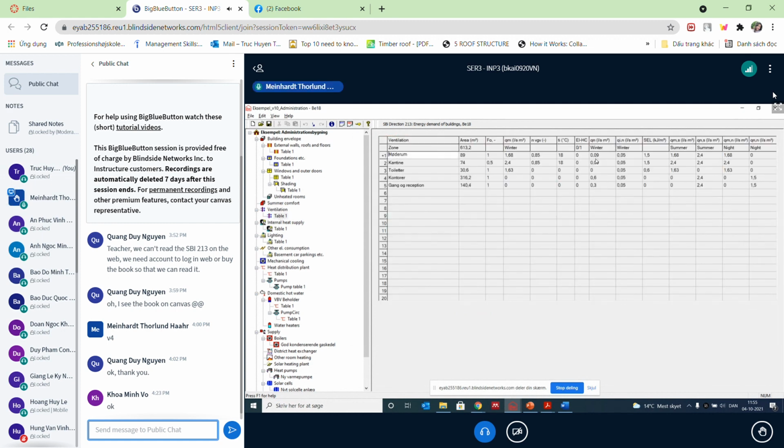QN, the natural ventilation. You see these numbers are 0.09, which means that even though we have mechanical ventilation, we still have some infiltration, which we cannot control. It's always going to be there.